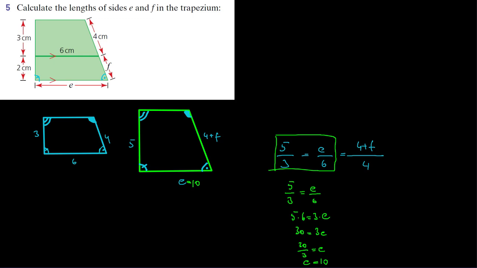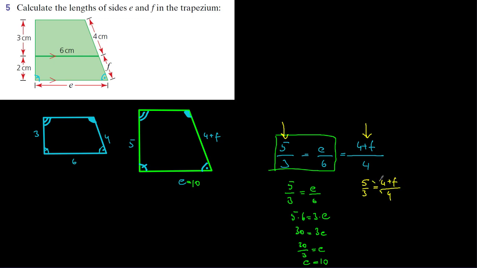Here 5 over 3 should be equal to 4 plus F over 4.